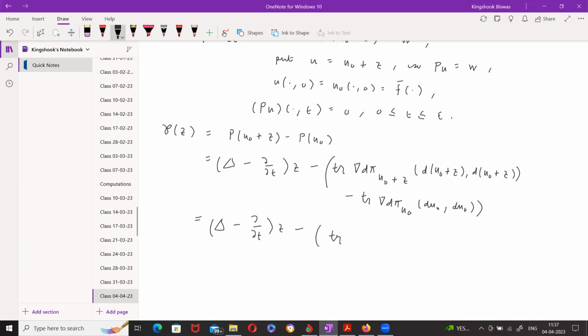So that will be nabla squared d pi. This is the third derivative of the map pi as a map from RQ to RQ. Acting on du naught comma Z. Okay.